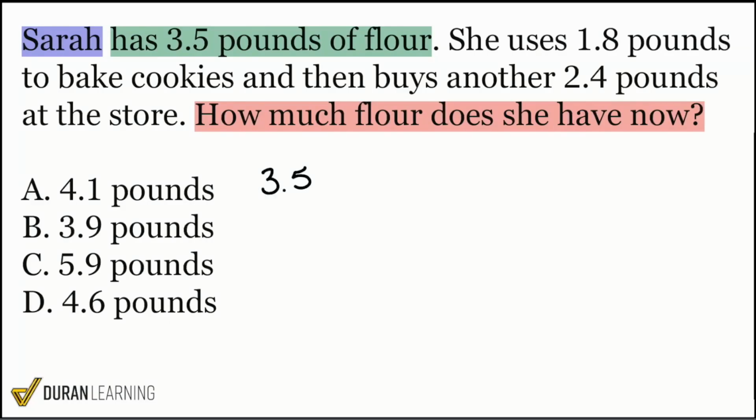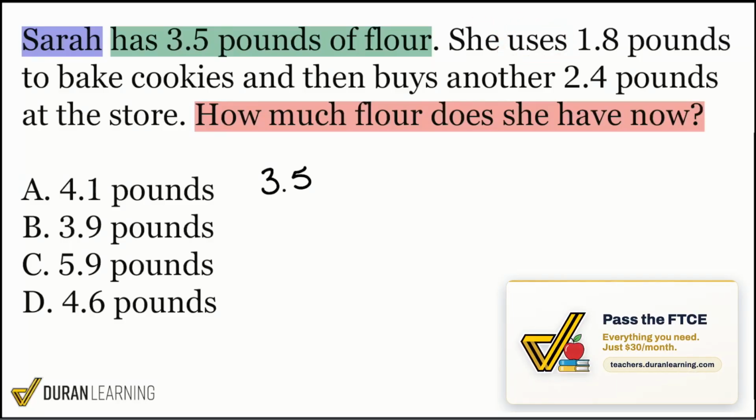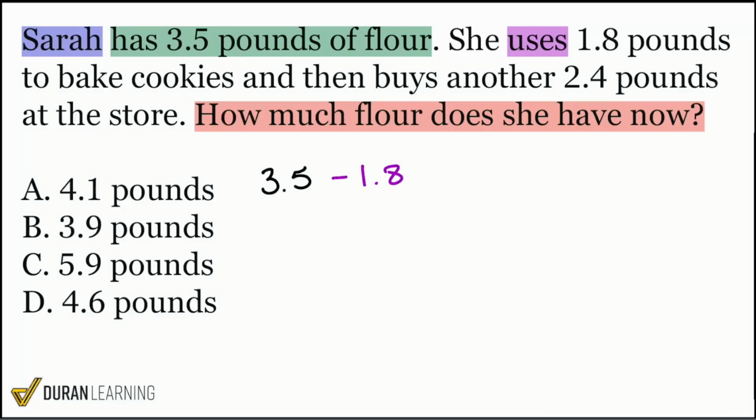Then from there, it says she uses. Everybody, the word uses, what might that mean in this context? When we're using some amount, yeah, that's going to be subtraction. So Sarah uses this many pounds, so we are going to be subtracting 1.8 pounds. And then from there it reads, and then buys another 2.4 pounds at the store.